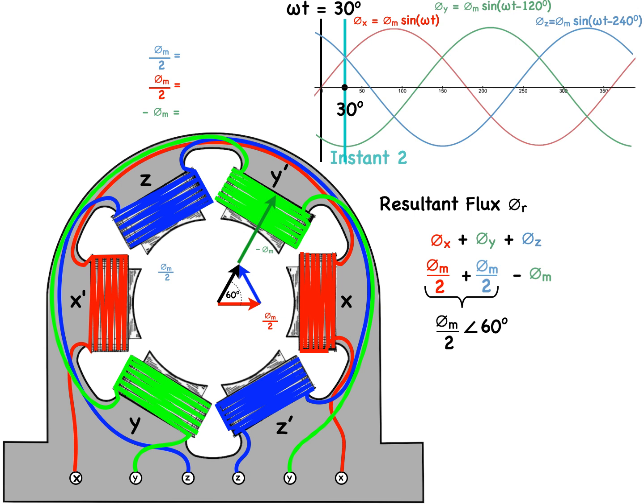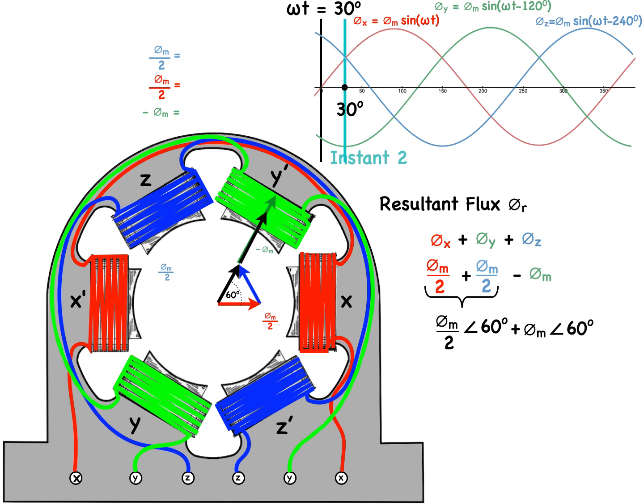We know that the magnitudes of the red and the blue phasors are identical, and they are at 60 degrees, so they form an equilateral triangle. That means adding the red and blue phasors together will give us a resultant phasor, phi m all over 2 at 60 degrees.